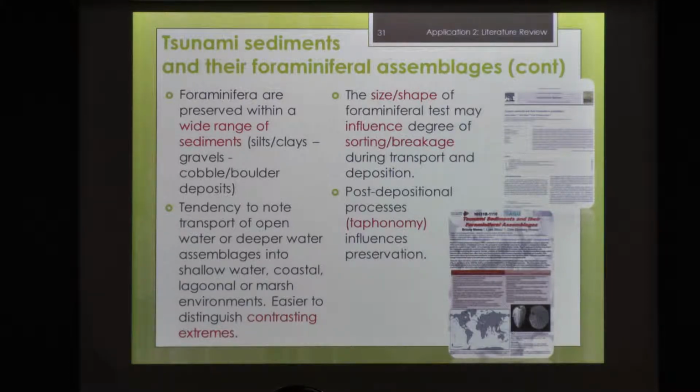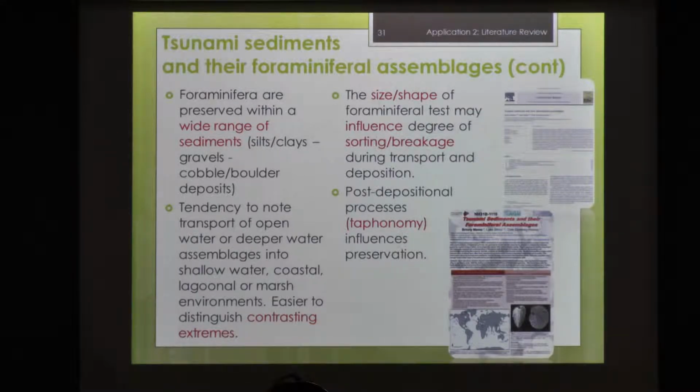As I mentioned, if an open marine or continental shelf assemblage was dumped in a brackish marsh or lagoon area, because the foram assemblages were so extremely different, they were happy to talk about that. But they weren't happy to mention the types of forams found if it was, say, only from further up the coastline, or only from a 30-metre depth brought up to a 2-metre water depth assemblage. So there was that sort of tendency.